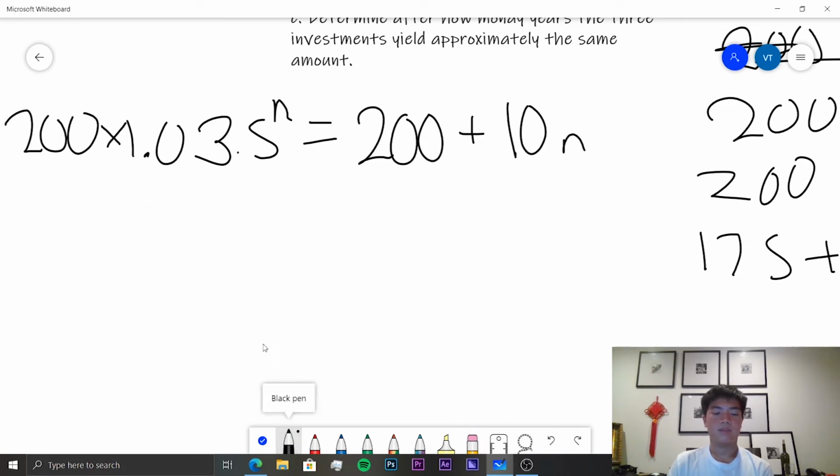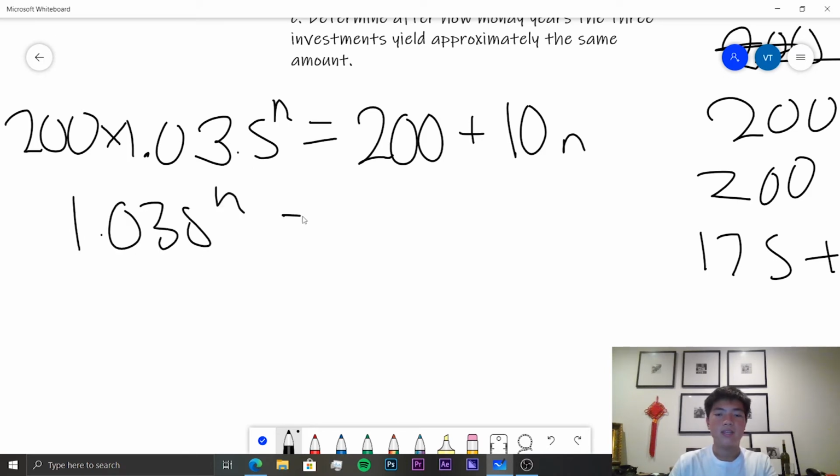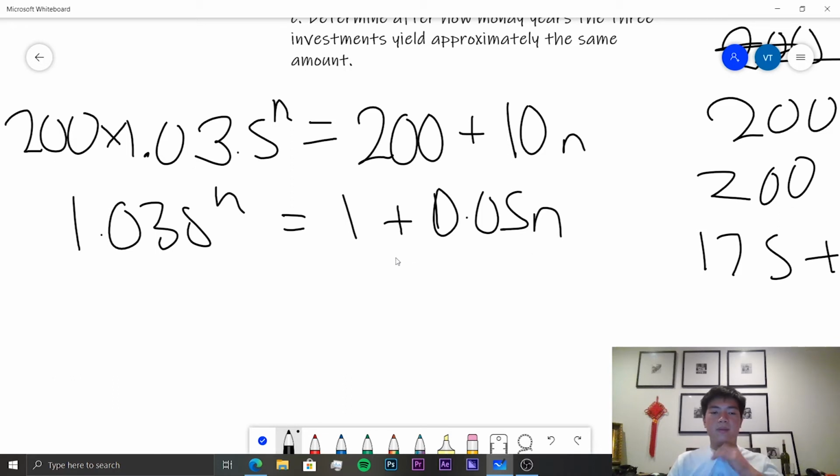Okay, so first let's just divide everything by 200. So 1.035 to the n is equal to 1 plus 0.05n. Okay, this looks a bit better.